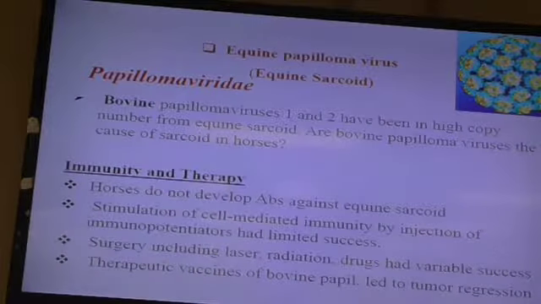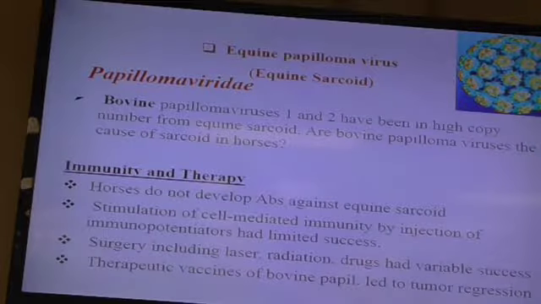Now, as I said, the horses do not develop an antibody response against equine sarcoid. Some attempted, instead of inducing antibodies, inducing cell-mediated immunity, which makes sense in terms of dealing with growth, in this case benign growth.